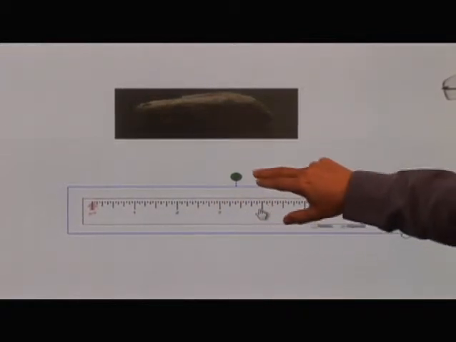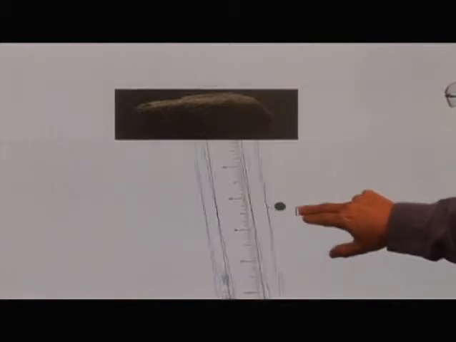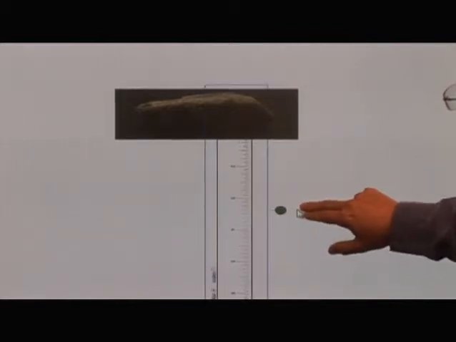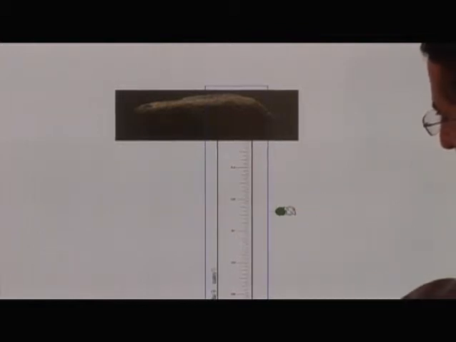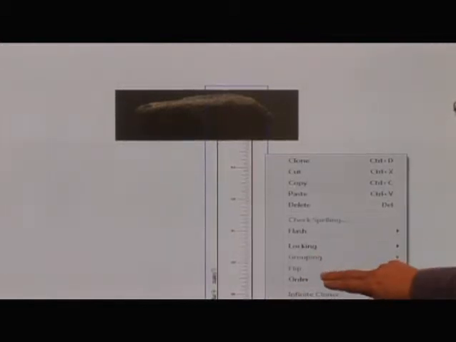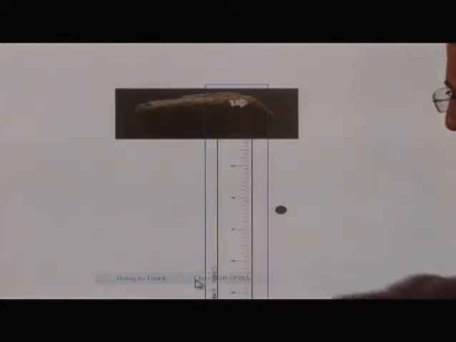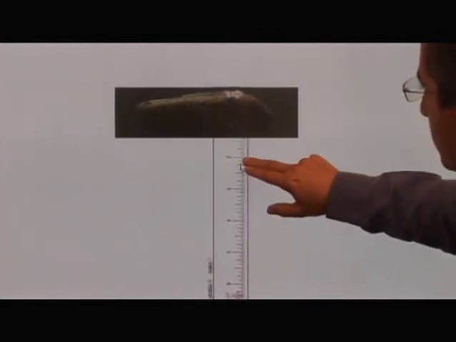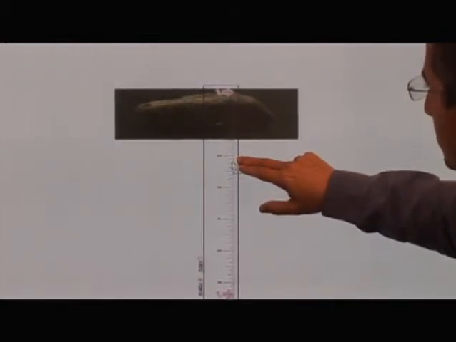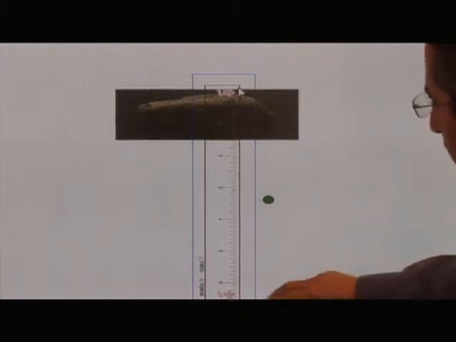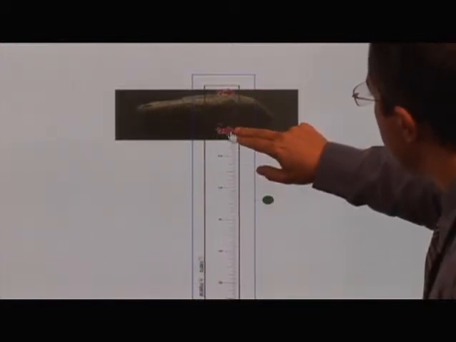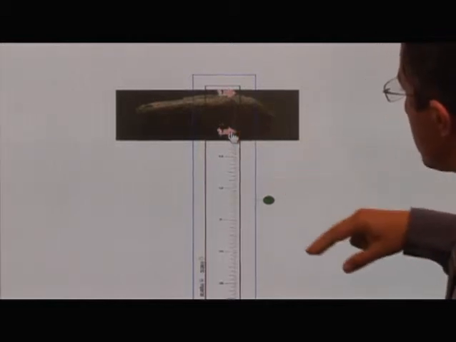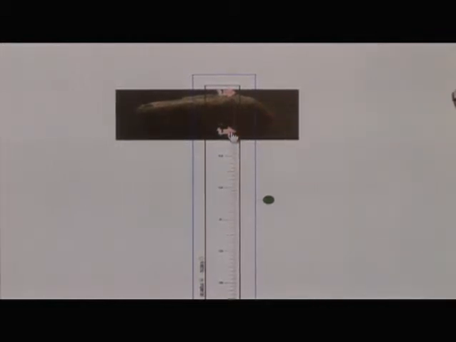So what I'm going to do is first rotate the ruler, and once I get it perfectly vertical, I need to change the drop down so that the order of it is in front. And I'm going to move this up so the top is where the red arrow is, right up there. And I need to bring this bottom one up to where the bottom of the rock is.